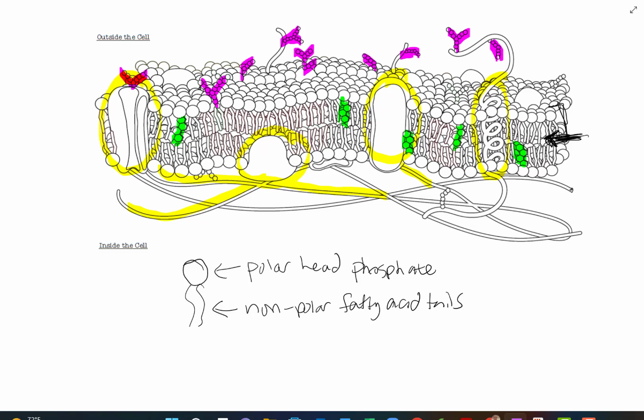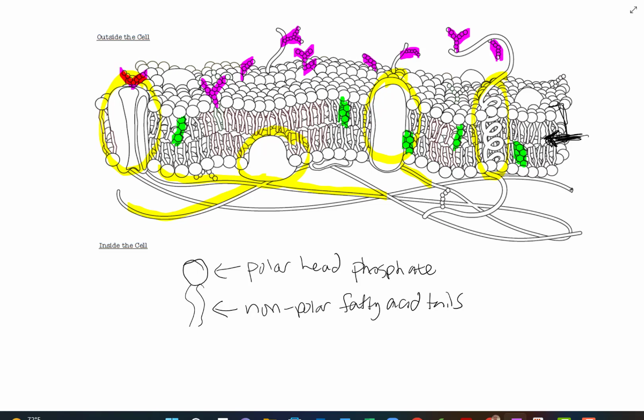But their role is that they act as a name tag for the cell. They identify the cell, and it will let other cells in the body know what type of cell it is. So it's a way for cells to be recognized for being a certain cell type. Okay, so that's our review of the plasma membrane.